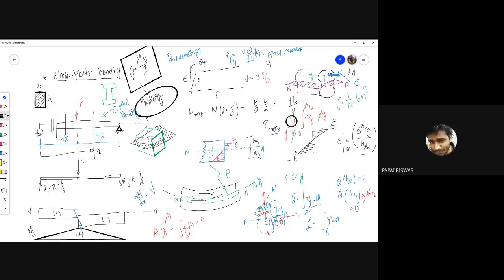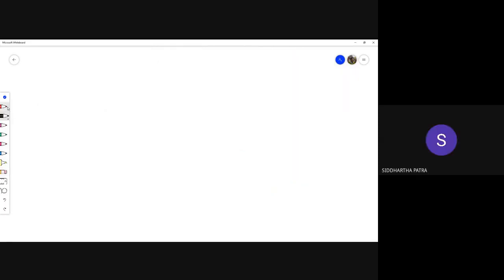V O square by 8I. So tau max, you are saying v, y squared. No, you would not get an expression of y squared. 3 by 4 F by BH. 3 by 2 V by BH.